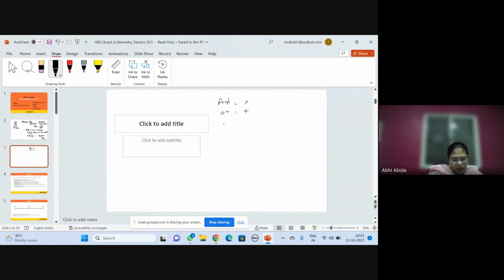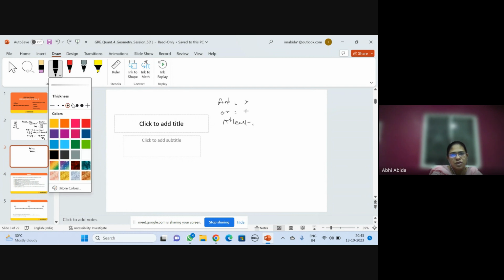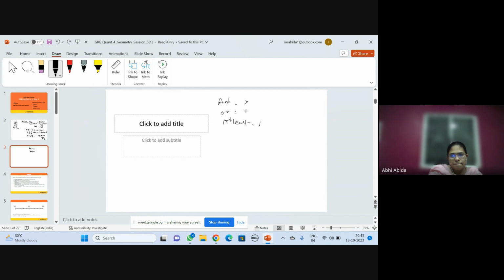Whenever the word at least is there, we will take values from minimum to maximum. Whenever at most is there, we will take values from maximum to minimum.